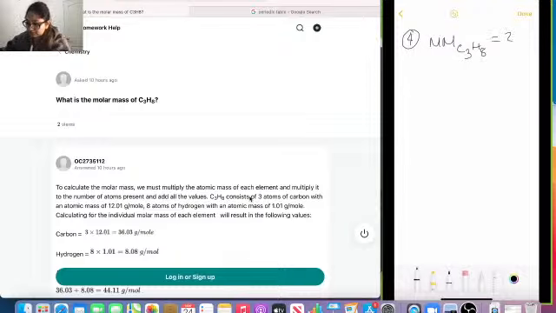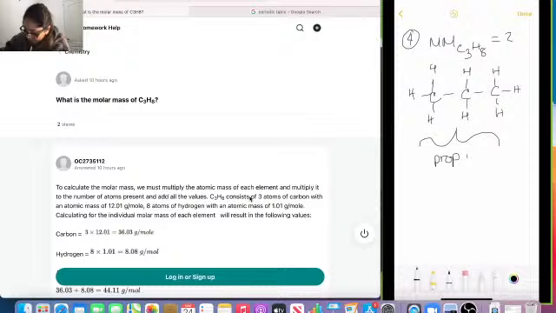Okay, so C3H8, just to add, is called propane, and this is how it looks structurally.